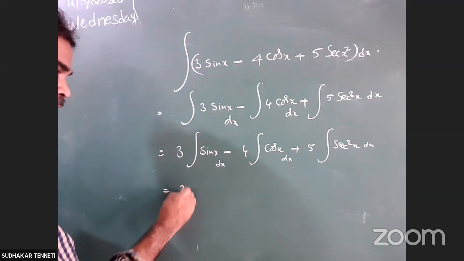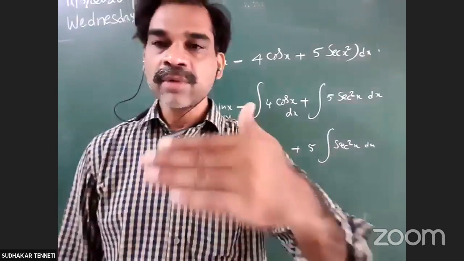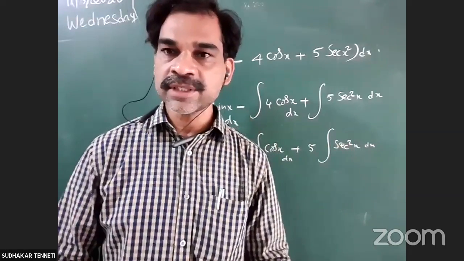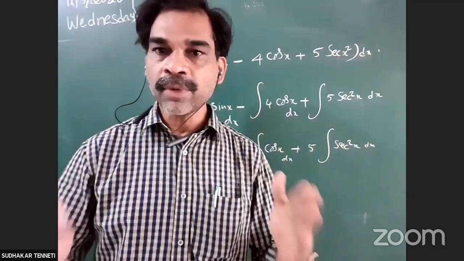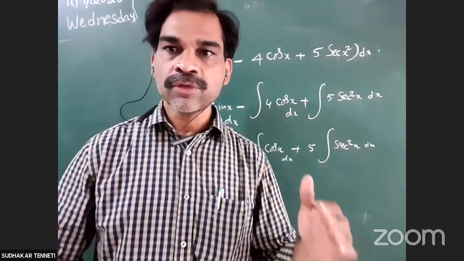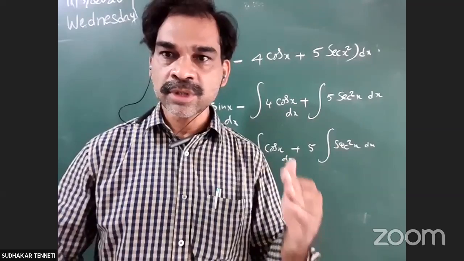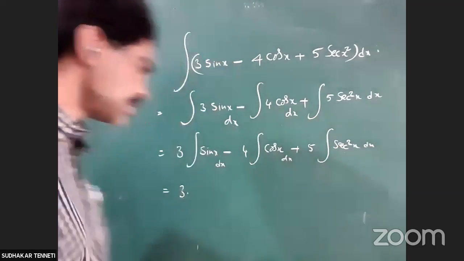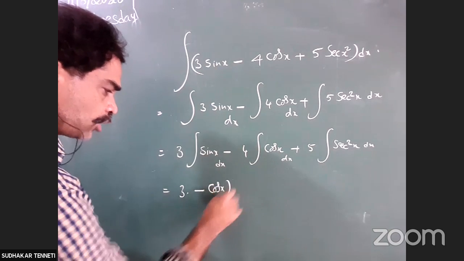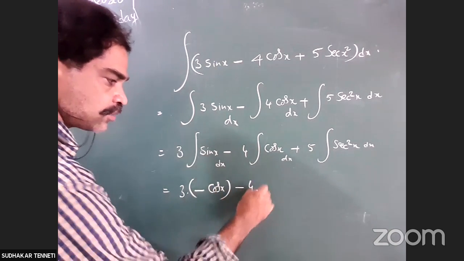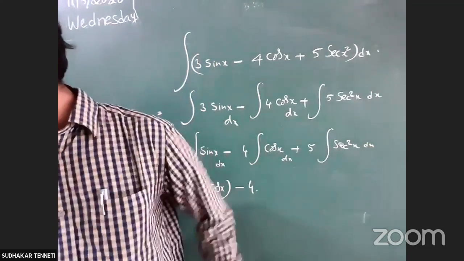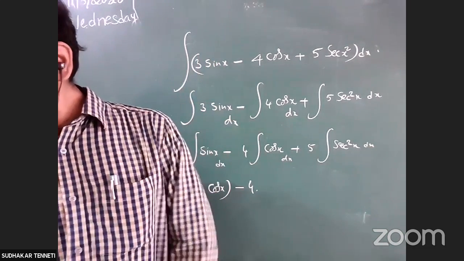3 into what is integral of sin x? The formula already. That's why I asked you to revise the formula first. All of you be perfect in formula. Without perfection in formula, you can't solve the problems. So all of you be perfect in all the concepts, all the formulas first. So this is 3 into sin x. What is the integral of sin x? 3 into minus cos x minus 4 into, what is integral of cos x? Cos x integration is what? Sin x.